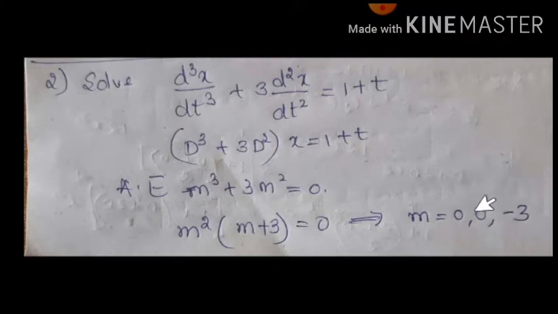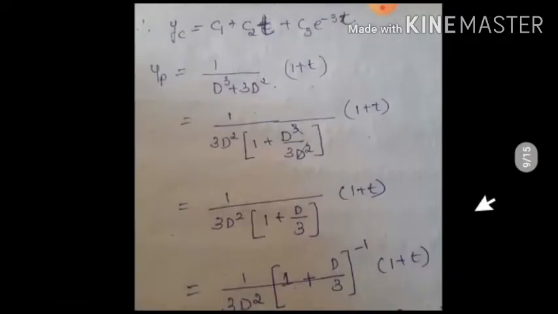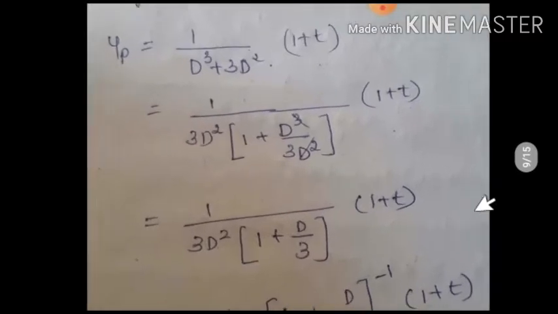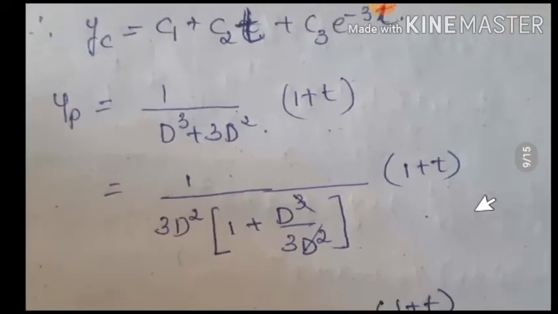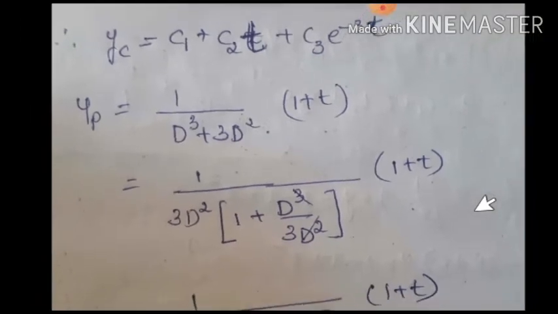What will be the complementary function? Complementary function will be, since 0 is a real and repeated root. How to write down a real and repeated root? C1 plus C2 into x. See, here I have made a mistake.